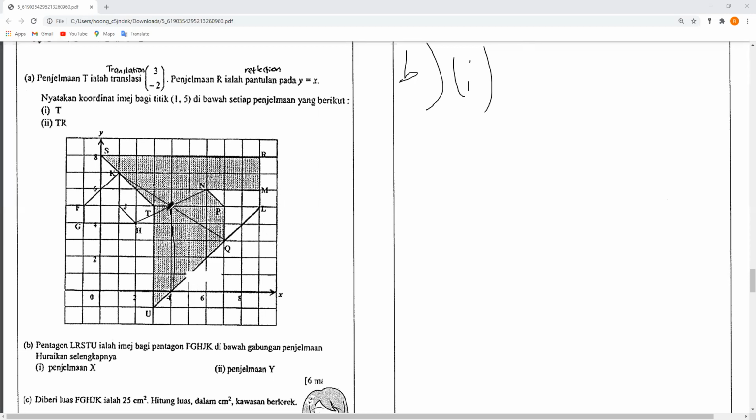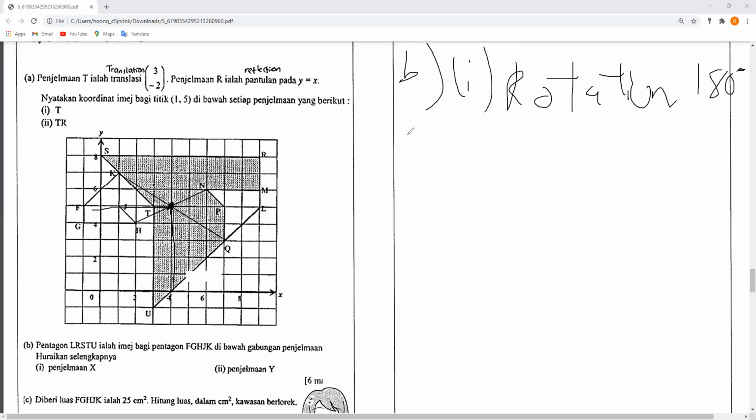So we write a rotation 180 degree. No need for clockwise or anti-clockwise because we don't know whether it turns right or left.